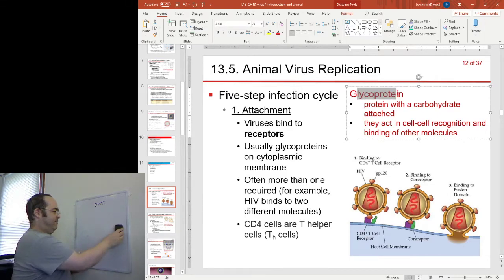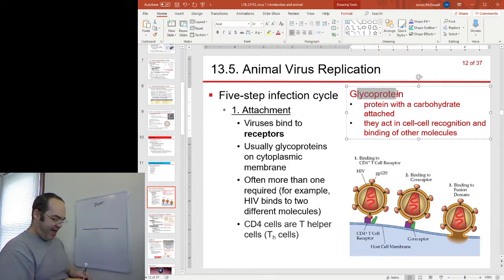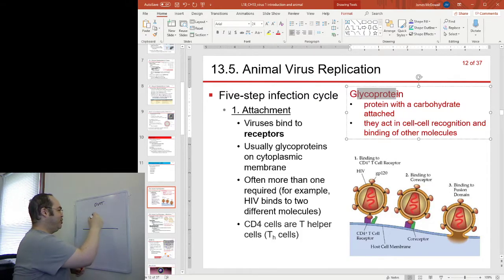So let's look at a membrane. Let's look at our protein stuck in that membrane and folded up in its particular shape. And then let's attach a sugar molecule to that protein.